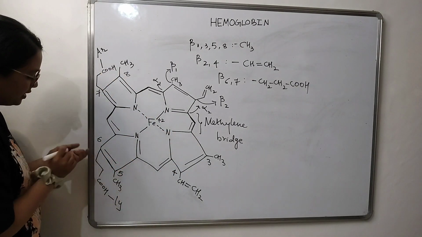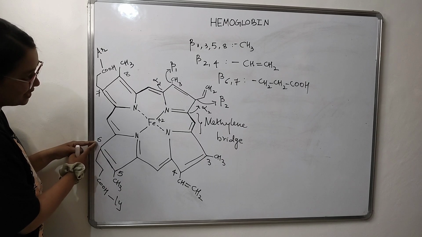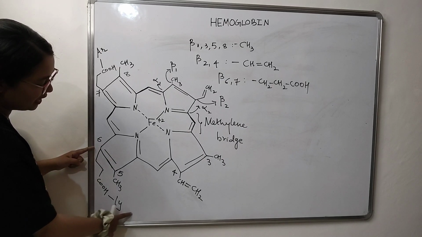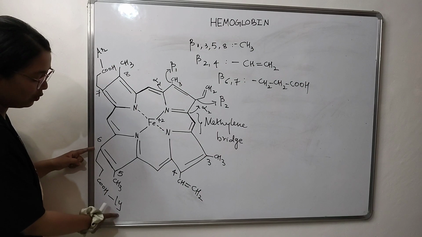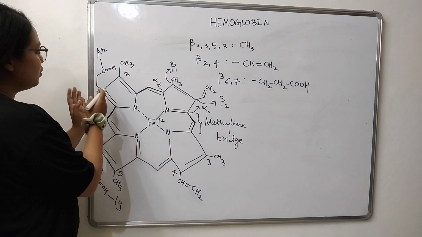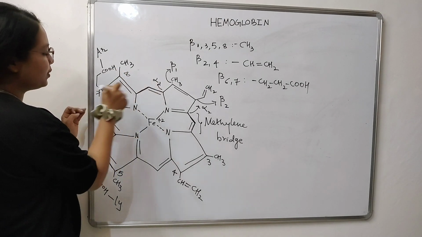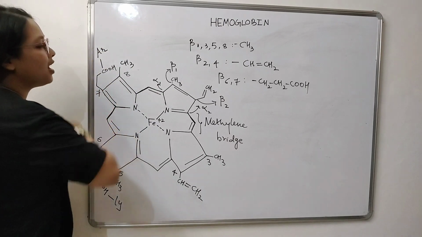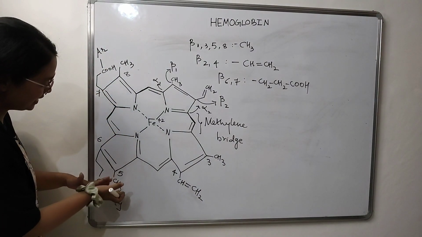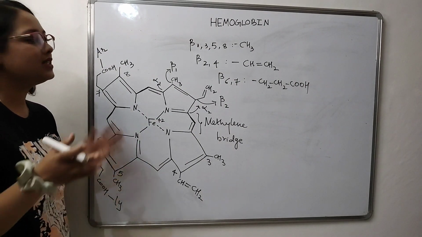The substituent present at carbon number 6 will have a lysine further attached to it, Ly, which represents lysine, and the propanoic acid group present at beta 7 will have an arginine attached to it. So lysine at 6 and arginine at position number 7.